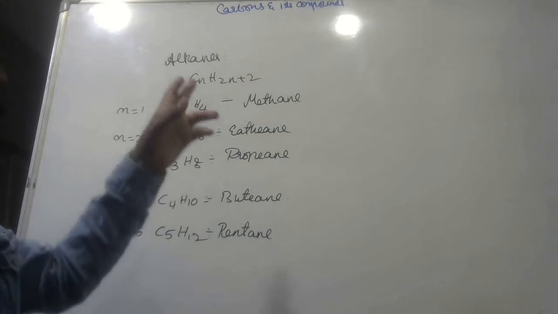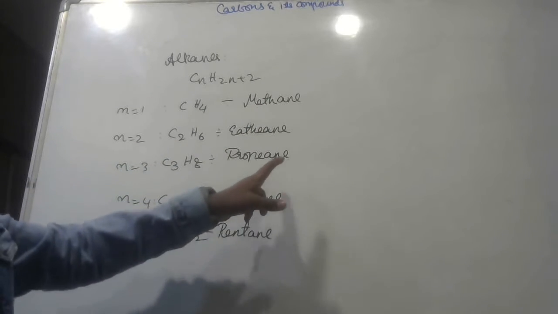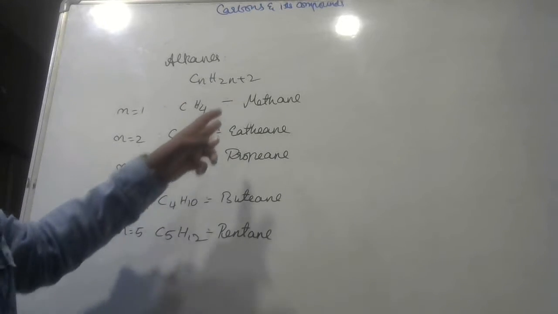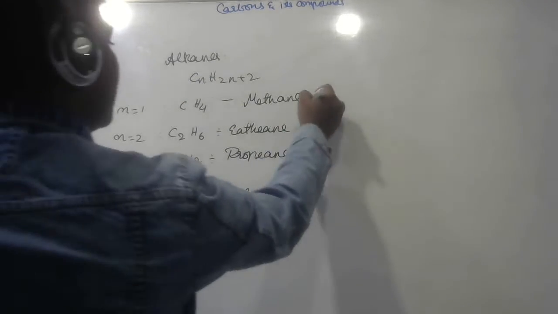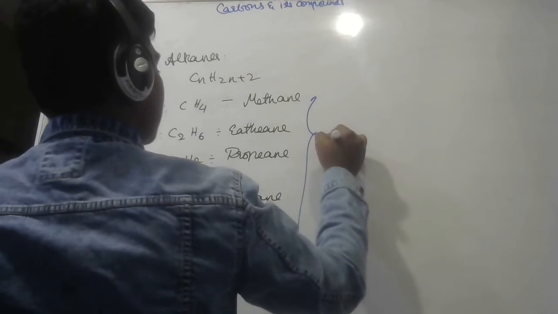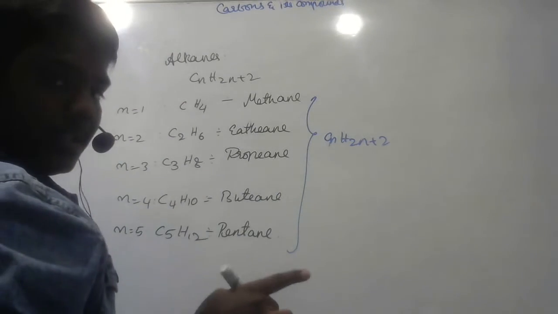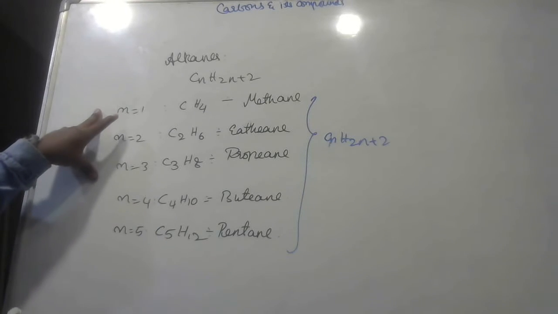Now if we see here, it is methane, ethane, propane, butane, pentane, and these compounds have the same general formula, CnH2n+2.